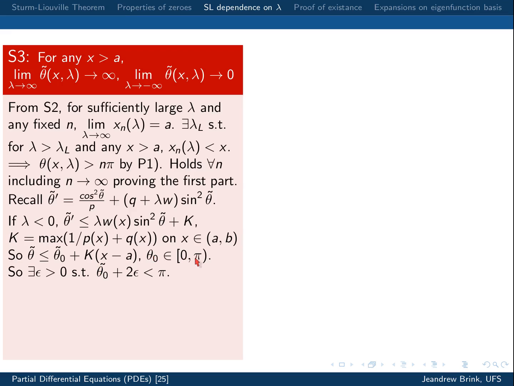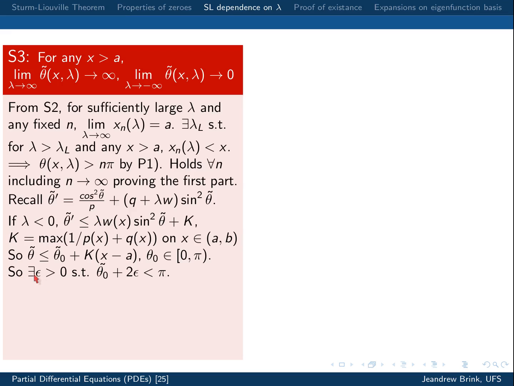So we're going to initially start working on a little bit of space where theta x lambda is less than pi, and then we're going to show we can always make lambda large enough, or negative enough, to keep it that way. So this is the basic idea.